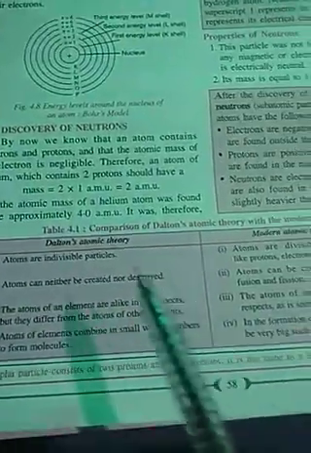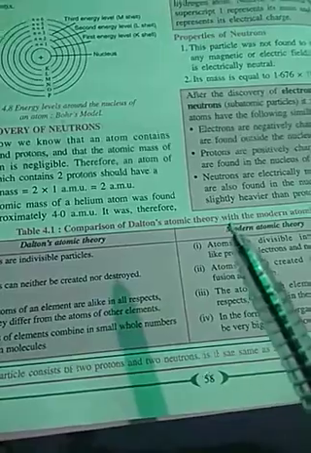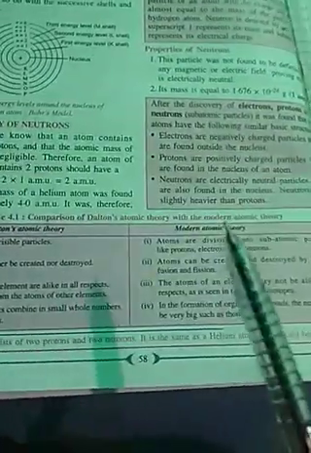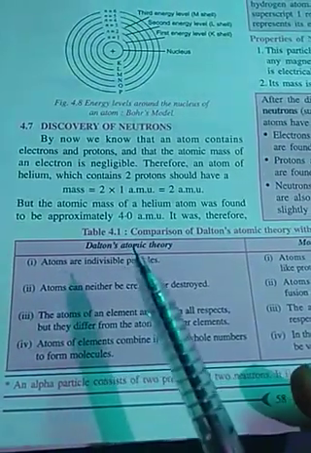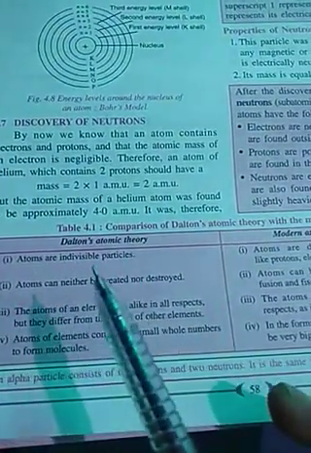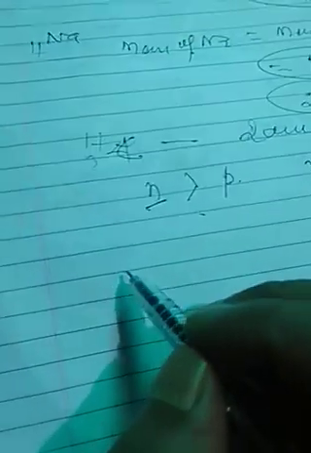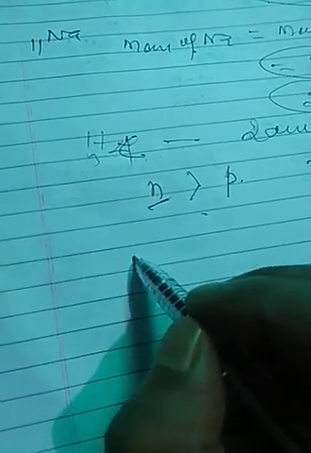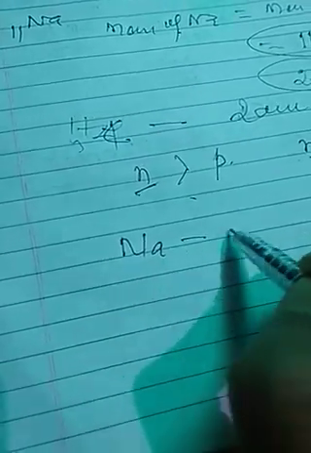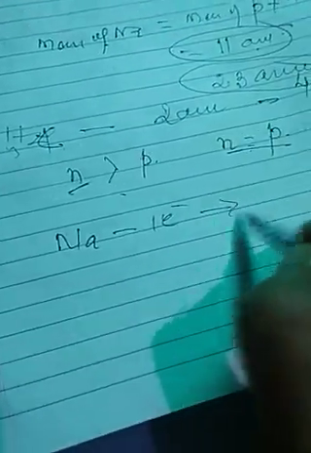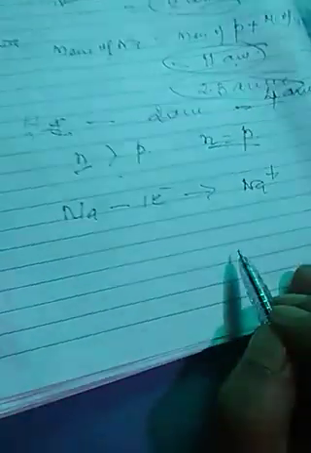Here is a comparison between Dalton's atomic theory and modern atomic theory. See what Dalton had said: atoms are indivisible. But what does the modern concept say? If it is sodium, when it loses one electron, it becomes positively charged.